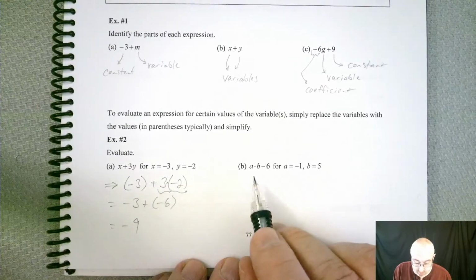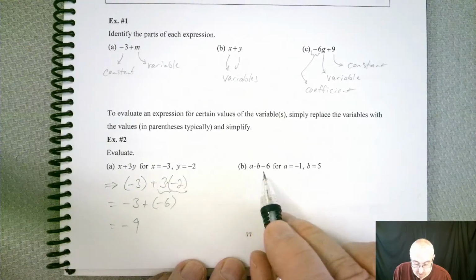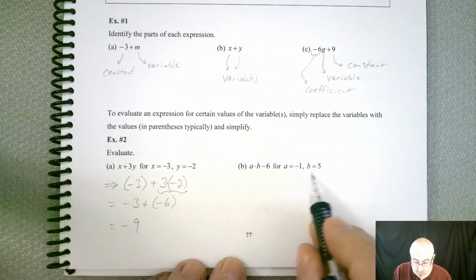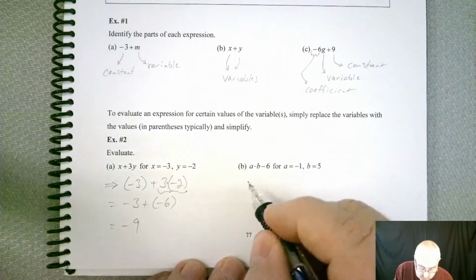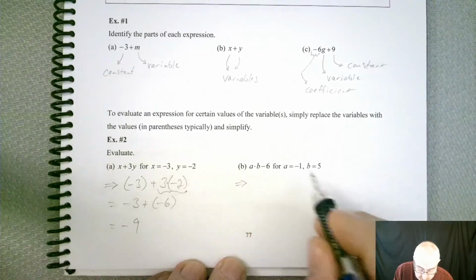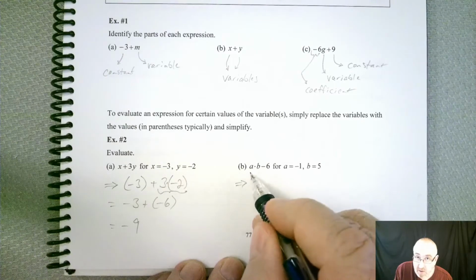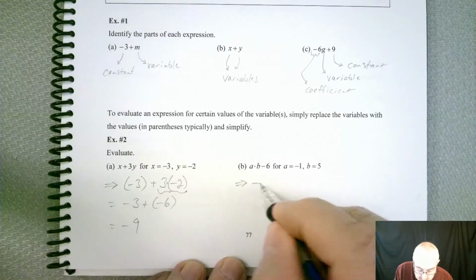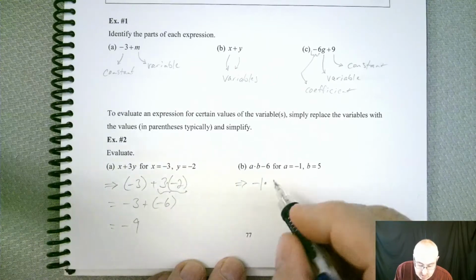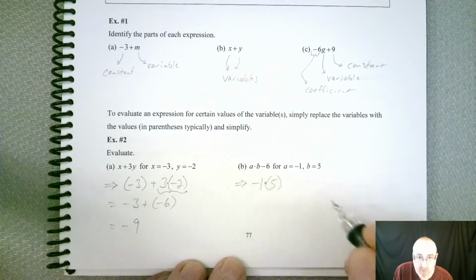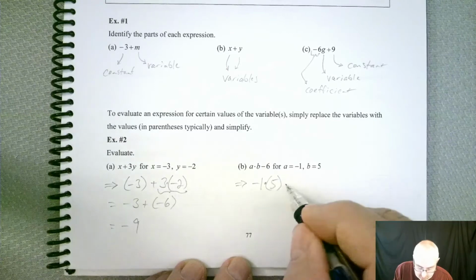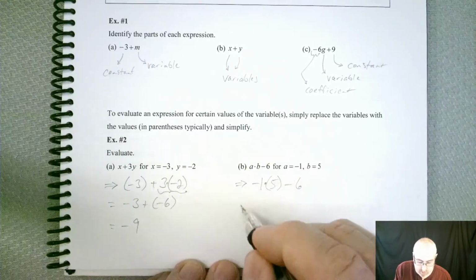Similar type of situation here. We've got a times b minus 6. a is negative 1, b is 5. So let's plug in the negative 1. Again, it's the very first thing, so we don't need the parentheses around that, times the b, which is 5, so I will put that in parentheses, and then minus 6.